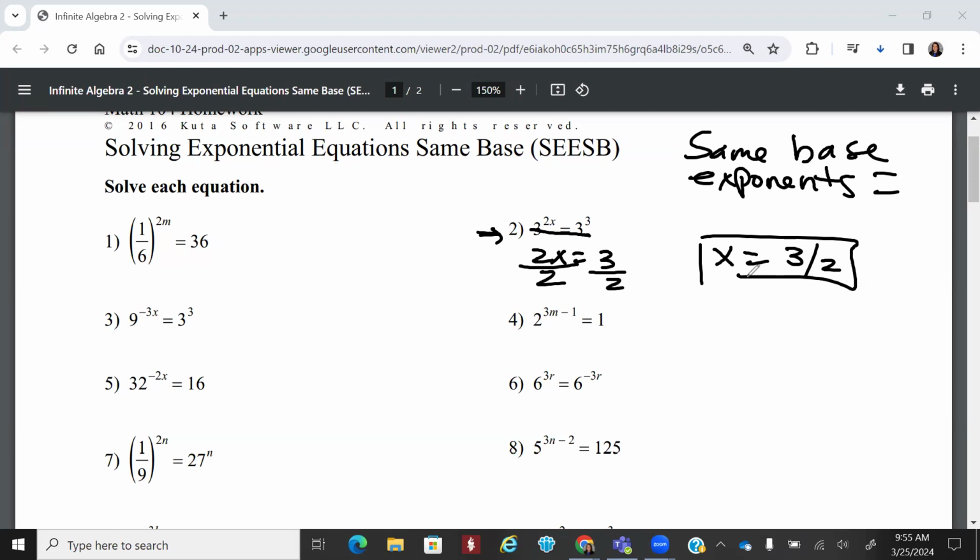Okay. Now here's where it starts to get a little tricky. Looking at number 3, are the bases the same? No. But can I rewrite 9 in terms of 3? For instance, can I say 3 to some power would give me 9? Yeah, what is that? 3 to the second, right?